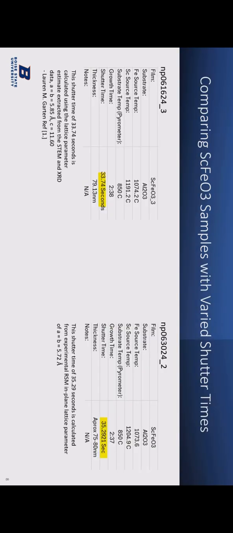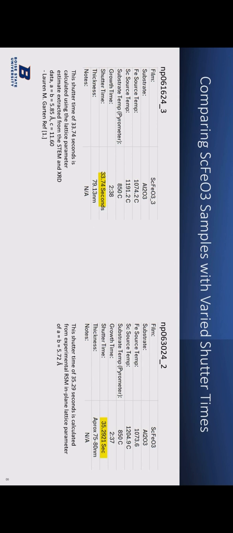So what I'll be doing throughout this presentation is comparing 2 different shuttering techniques. So this is flux-matched MBE, where we're basically matching the flux of scandium and iron. Both of our samples are roughly 80 nanometers, and we tried to keep both of these as similar as possible with the major difference of a shuttering time, where we have one shuttering time of 33.74 seconds, and another shuttering time of 35.29 seconds.